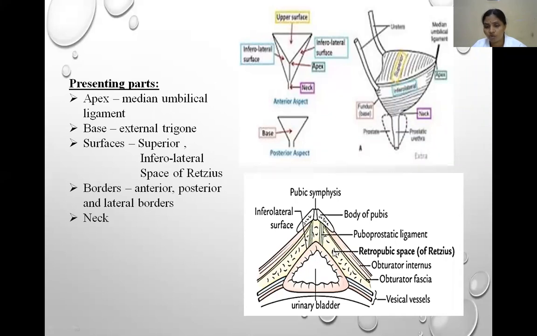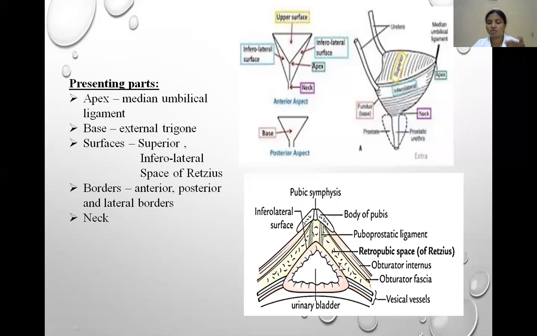And what is the other importance? The space is occupied by venous plexus. What are those venous plexus? The veins which are draining the prostate gland, and the vein draining the penis, the deep dorsal vein, also passing through this space. These veins form a plexus known as prostatic venous plexus.